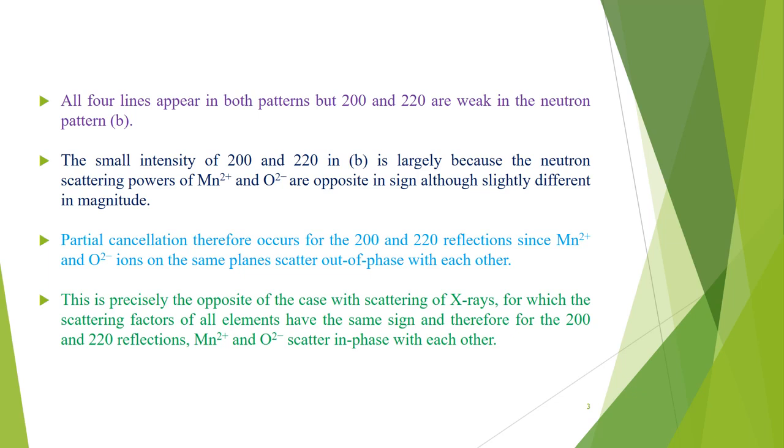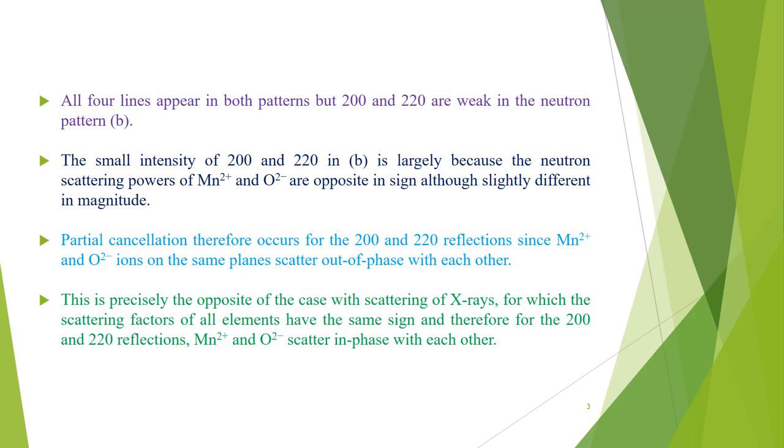These are the peaks that come out in the graph. The first four peaks represent these planes, which are the Miller indices of the planes.